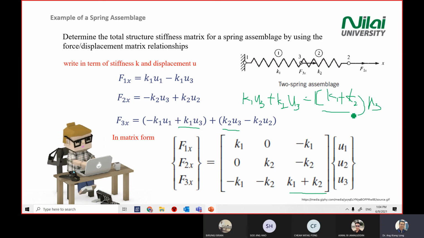So this one you put here. Clear, Ashma? Ashma, you understand? Yes, sir. Okay, good. Any one of you don't understand why suddenly you're seeing K1 plus K2?